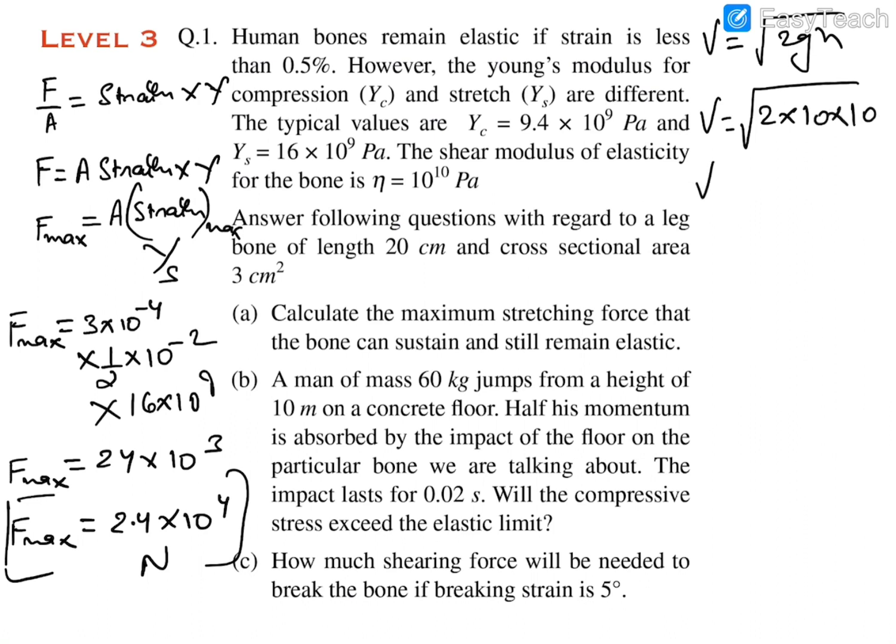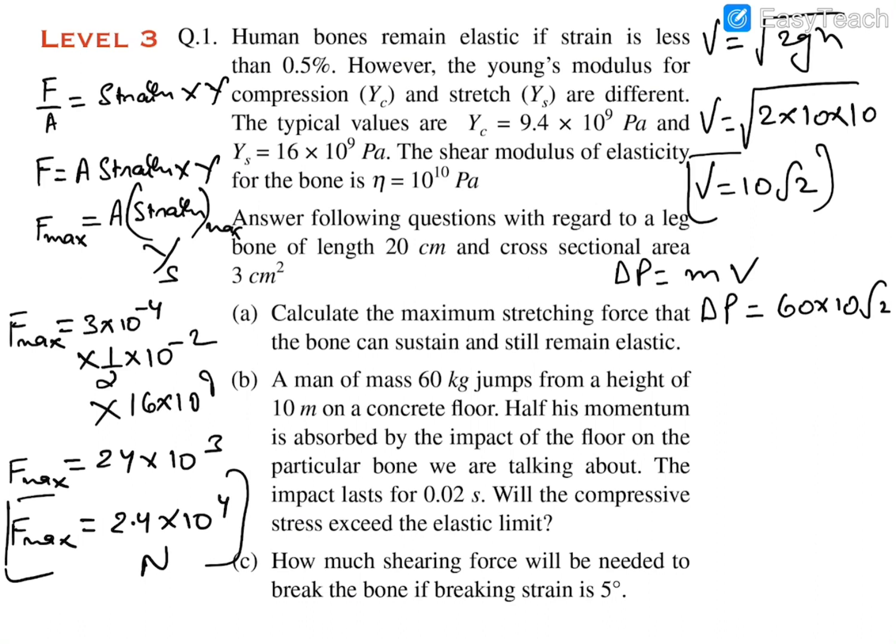So V will be equal to 10 root 2. Okay, now the momentum of the man will be mv. So P will be equal to 60 into 10 root 2. So P will be equal to 600 root 2.